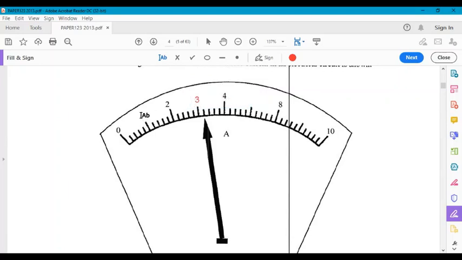Okay, so you want to first make sure you fill in the missing division so you can know how you're counting. Okay, so this is 0, 1, 2, 3, 4. That'll be 5.